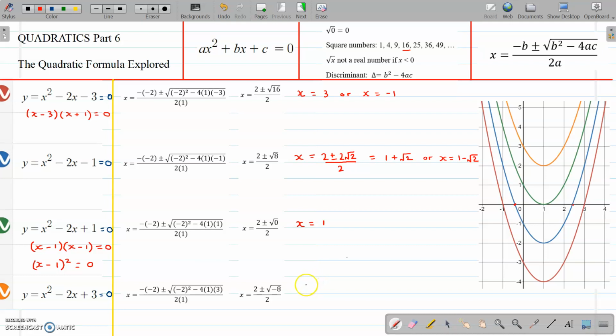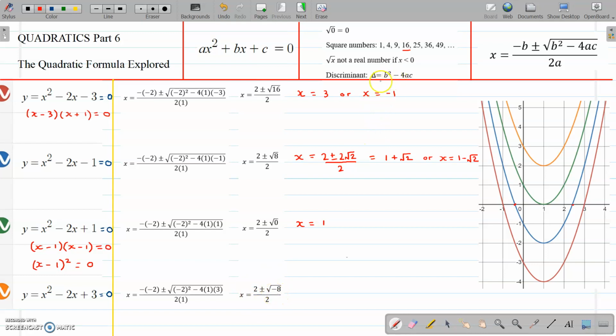There are such things as complex roots or imaginary roots, which you learn about beyond A level, but as far as real numbers are concerned, it doesn't have any real solutions. And we know that from the quadratic formula, because look what we have under the square root symbol. We have a negative number.